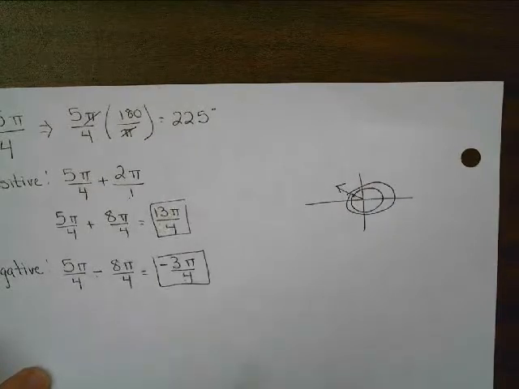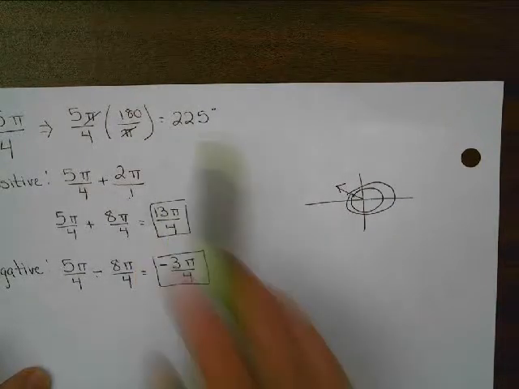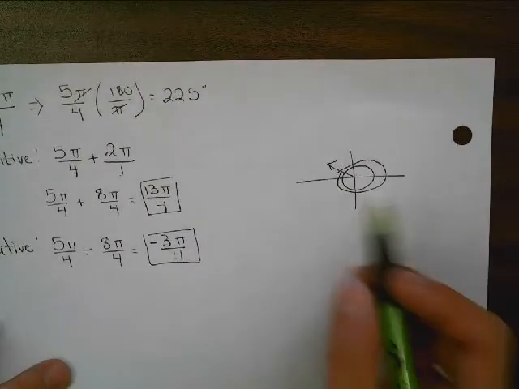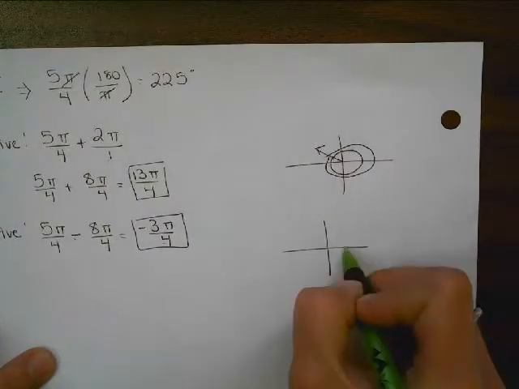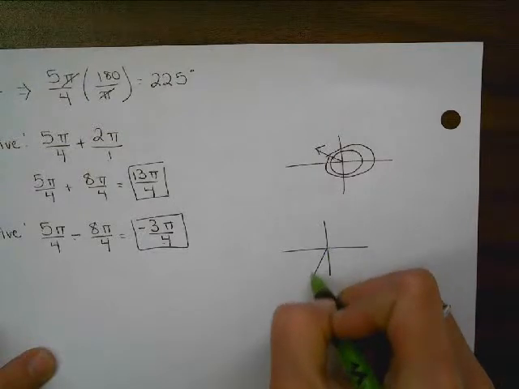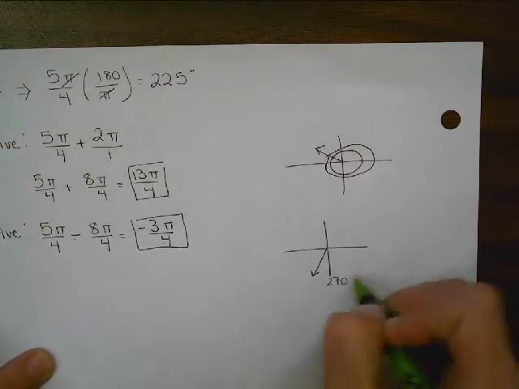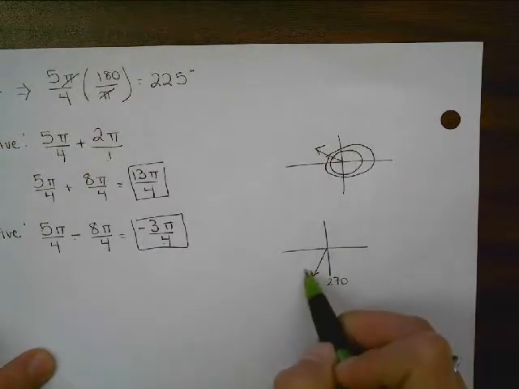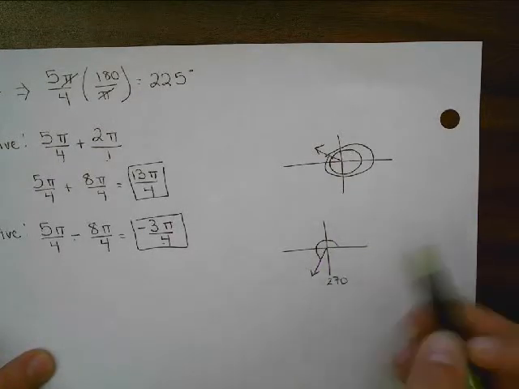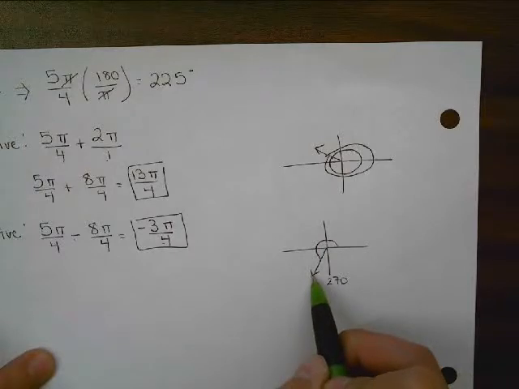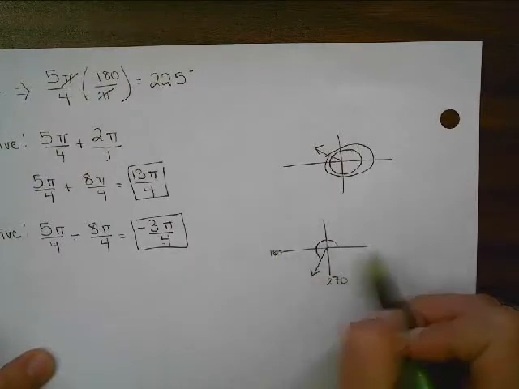Now for my reference angle, I'm going to use this 225 here. Okay, so I'm going to draw it on my graph to give me an idea of where I am. 225, it's right about here, because this is 270. Maybe a little over here more, but either way, we end up in quadrant 3 here. A reference angle is always the angle that's closest to the x-axis.